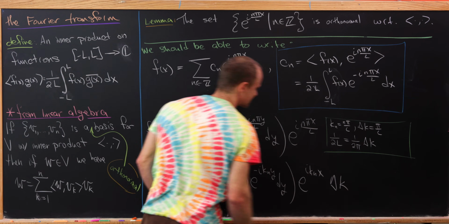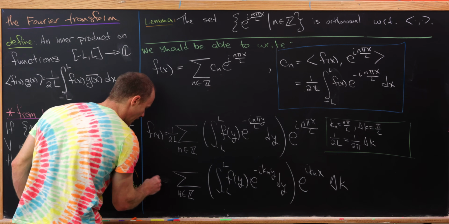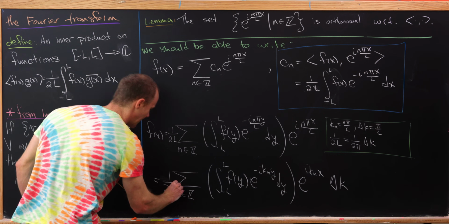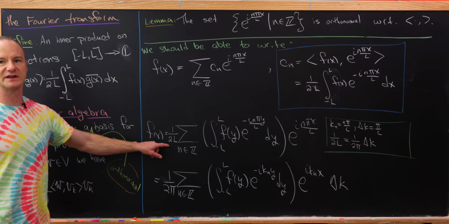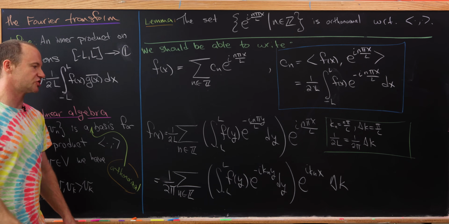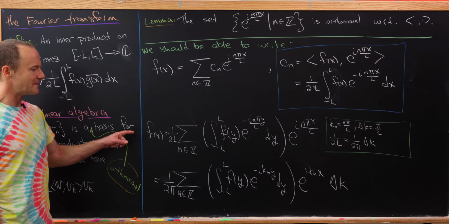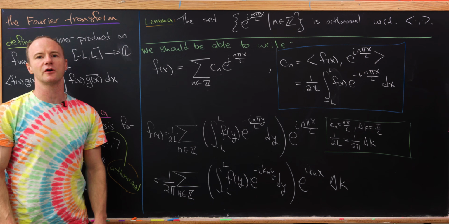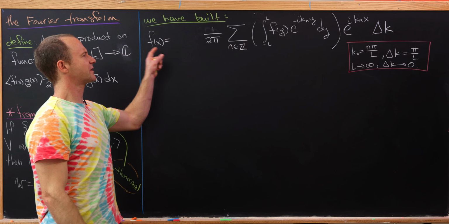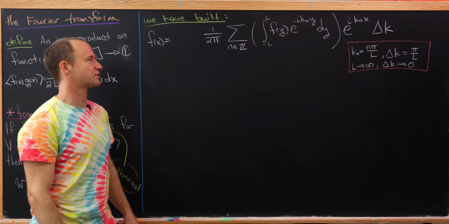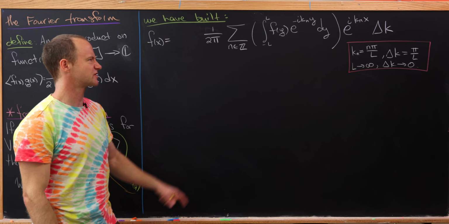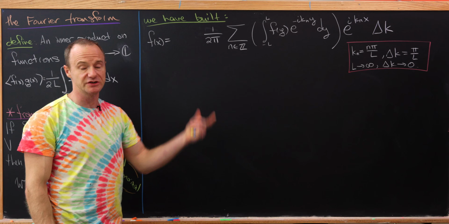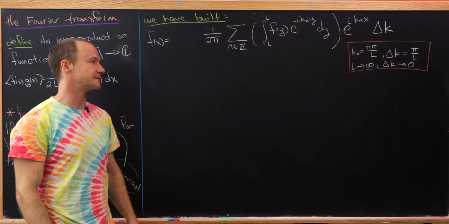And then I'll have a delta k out here and a 1 over 2 pi here, where I've split up this 1 over 2L into those two parts. Okay, so now let's bring this up to the top and see where we can go from there. So far we've built up to the following kind of crazy expression for our function f of x in terms of a series that has an integral inside of it, so pretty crazy.